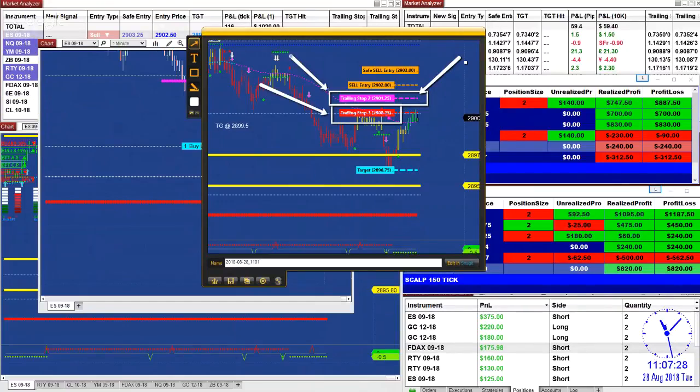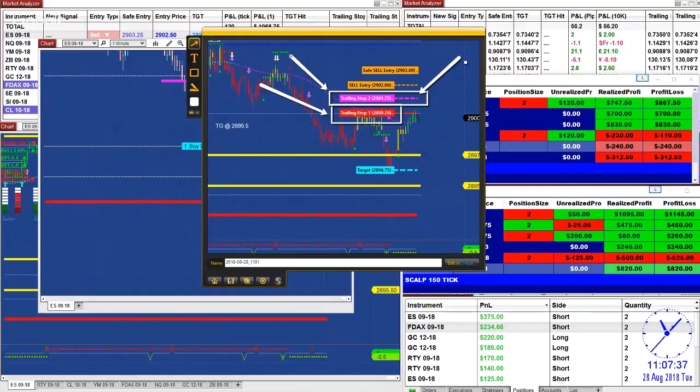This one here, folks, to our traders, if there's anybody out there from our traders today, you can imagine how many times a day the market comes back to the trailing stop two.